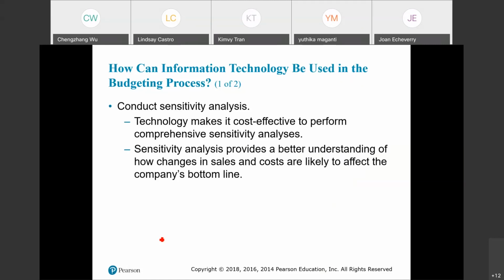Technology makes it more cost-effective to perform more comprehensive sensitivity analysis. Armed with a better understanding of how changes in sales and costs are likely to affect the company's bottom line, today's manager can react quickly if key assumptions underlying the master budget turn out to be wrong.